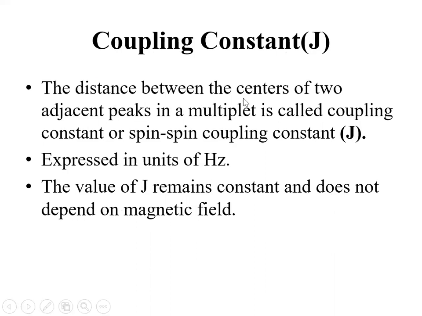The distance between the centers of 2 adjacent peaks in a multiplet is called the coupling constant or spin-spin coupling. This is a very important definition.